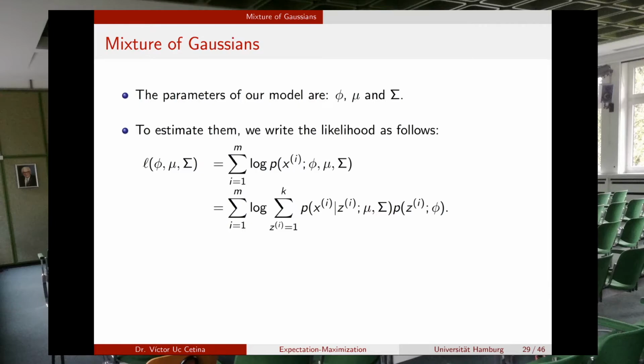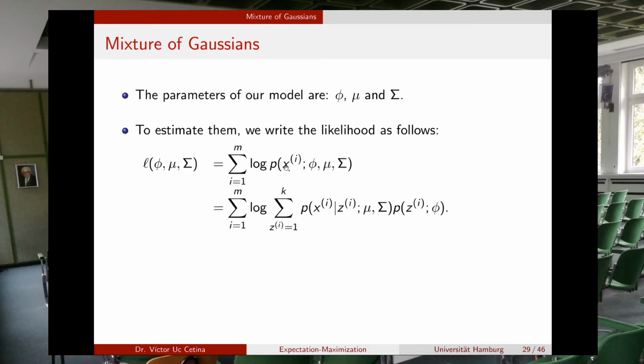So to estimate these parameters, we write the likelihood, as we saw previously in expectation maximization, the sum for every observation, for every input vector, of the logarithm of the probability of x with parameters phi, mu, and sigma.